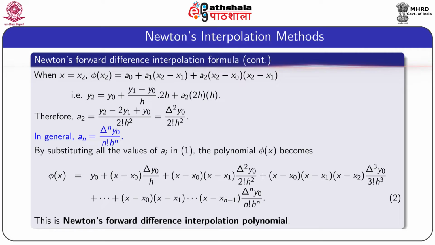Note that the first term is a constant, the second term is a linear polynomial, the third term is a second degree polynomial, and the last term is the nth degree polynomial. After simplification we get a polynomial of degree n using this method, and this polynomial is known as Newton's forward difference interpolation polynomial. But this expression can be simplified by using a new unitless variable. That is explained in the next slide.